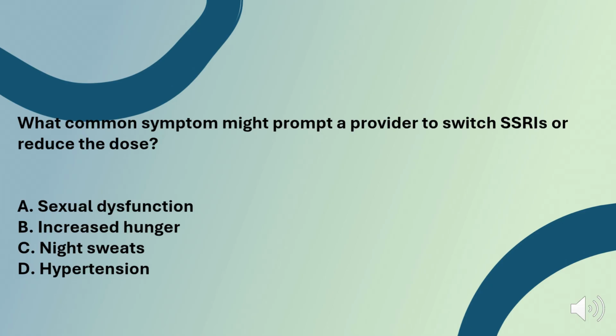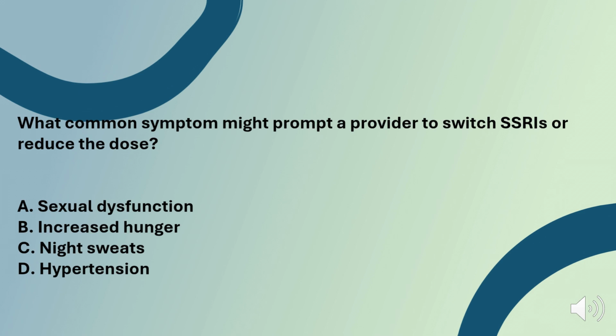What do you think is not the right answer here? Let me ask the question this way: which of these symptoms does an SSRI not even have to do with? If I'm teaching a patient about an SSRI, what am I not going to be talking about?